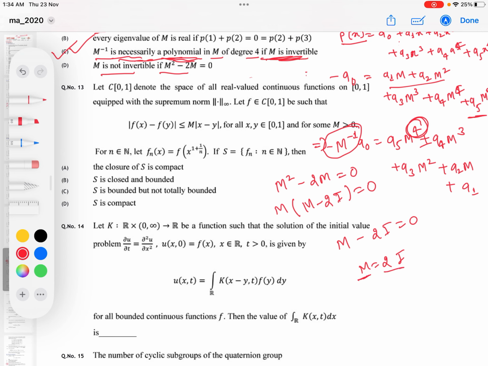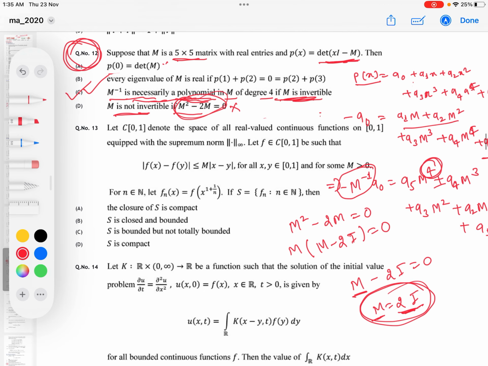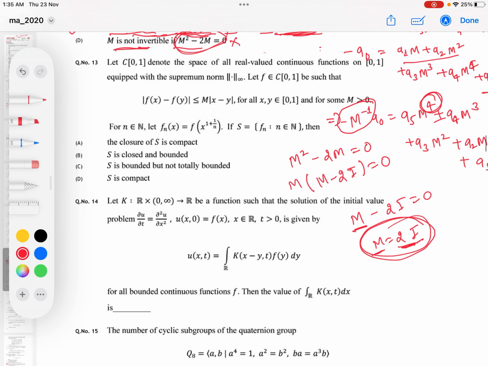So if M is a multiple of the identity matrix, then we can invert it, right? The inverse of the identity matrix is itself the identity matrix. So this option is incorrect: M is not invertible, although by this relation what we are getting is M is 2 times the identity matrix, and identity matrices are invertible. So this option is incorrect. So for question 12, option C is the correct answer.